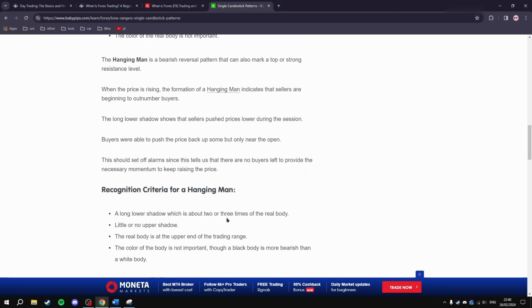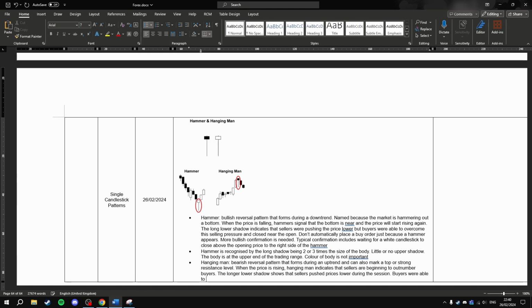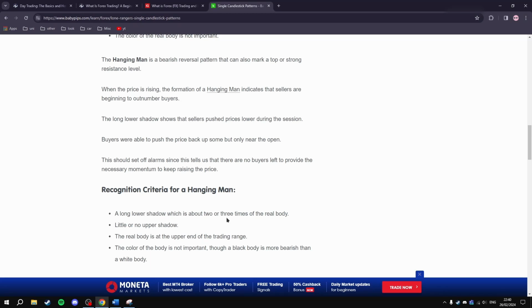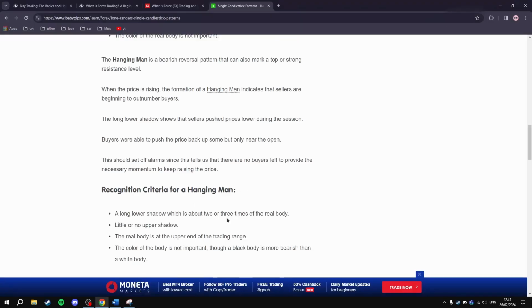Buyers were able to push the price back up some, but only near the opening price.